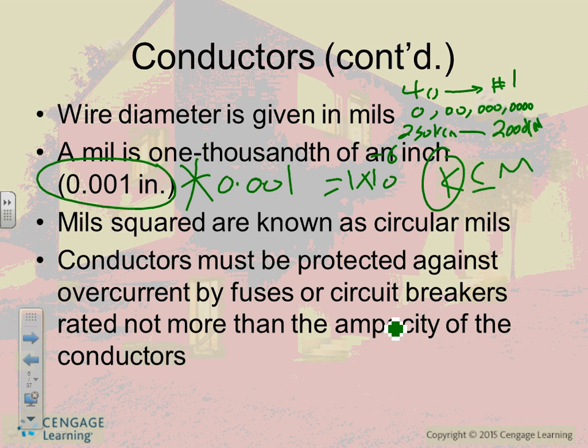So when you say a kilomil, then you multiply this number by what? By 1,000 to make this a kilomil. So to make it a K, you multiply this number by 1,000. That's what gets you a kilomil. So that's how they come up with circular mil, kilomil.